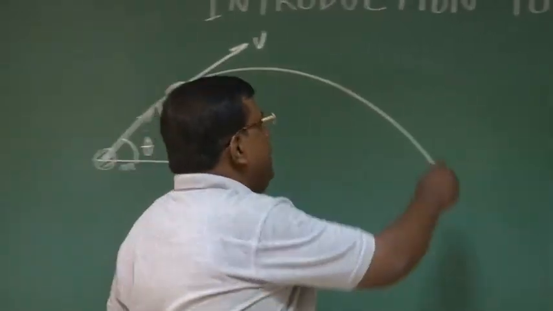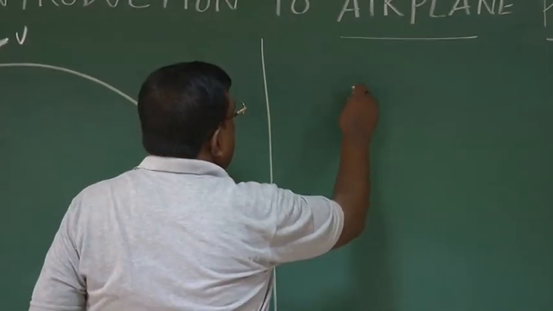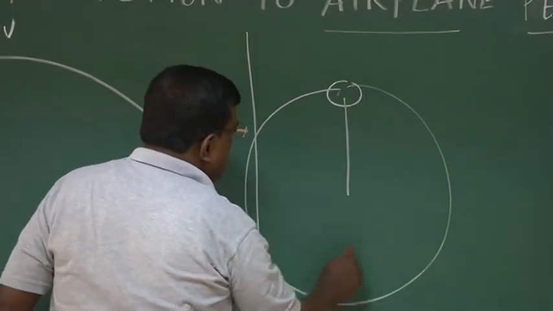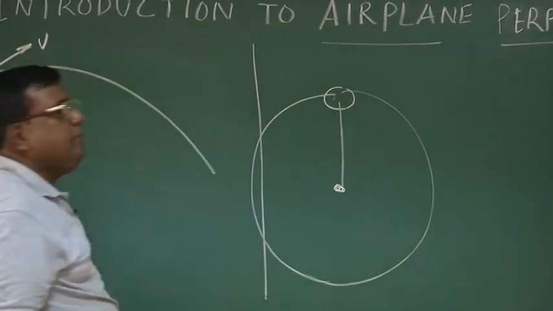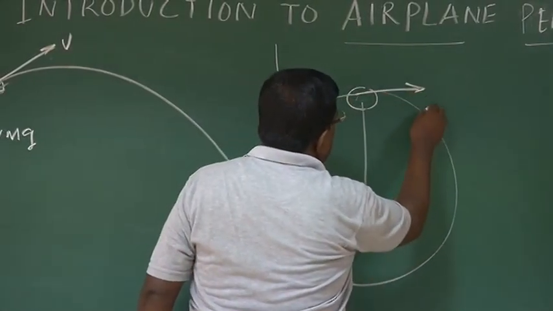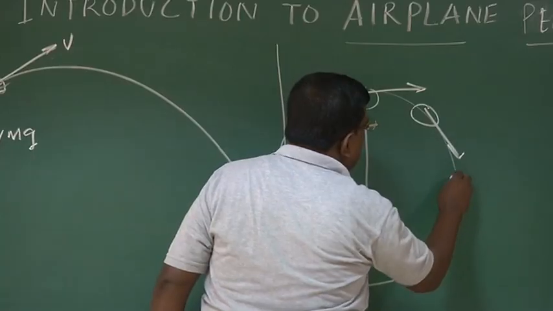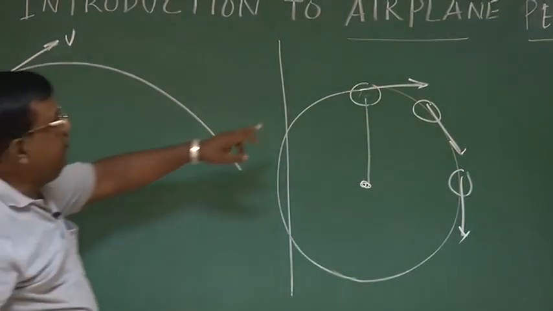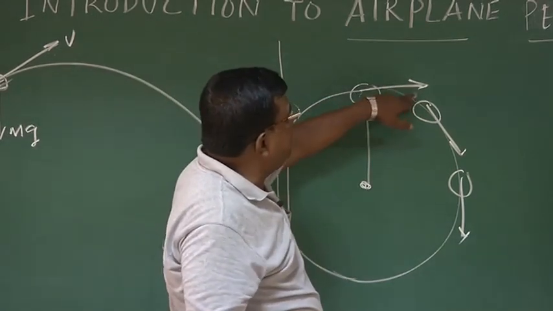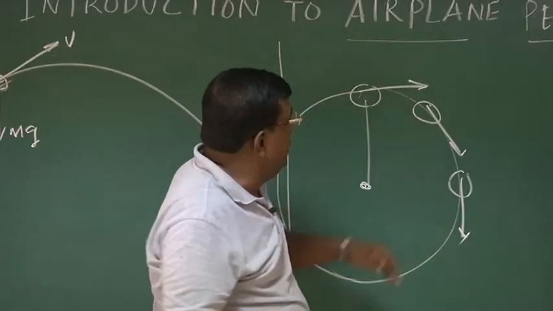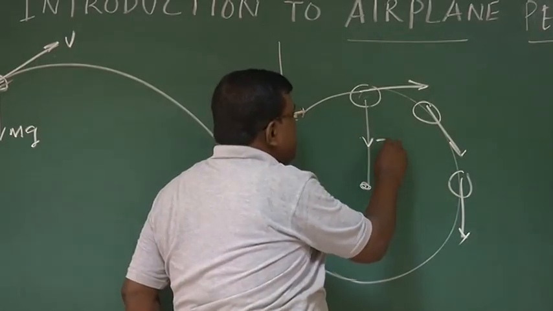Let us go back to a very popular example: when I move a stone using a string, you can see that the body moves in this direction. The velocity direction is changed. And who changes this direction? The tension in the string.